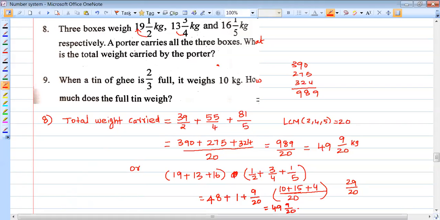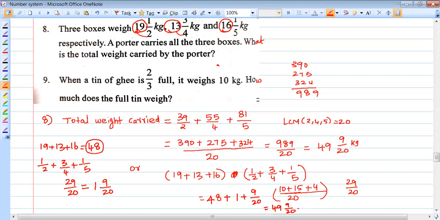So this is another method. You can add 19, 13 and 16 separately, which is 48. Next, 1/2 plus 3/4 plus 1/5: find the LCM and simplify, and you get 29/20, which we write as 1 9/20. So 48 plus 1 is 49, remaining 9/20. The answer is 49 9/20.